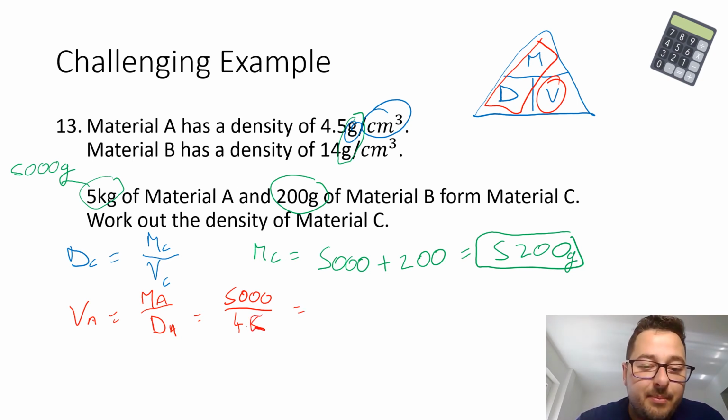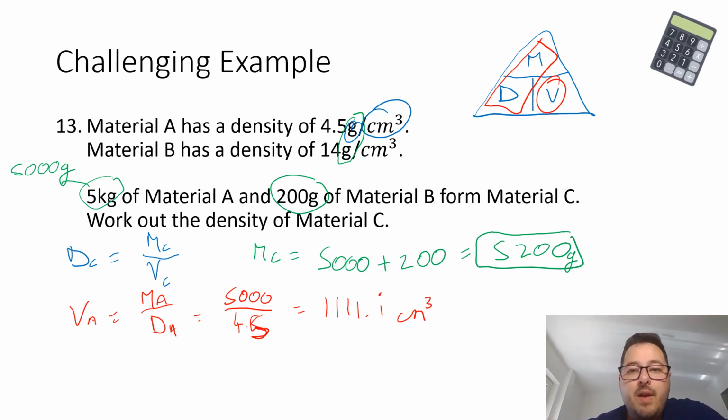So let's do that in our calculator. 5,000 divided by 4.5, and we end up with 1,111.1 recurring. So we'll leave that as it is for now. So that's centimetres cubed.